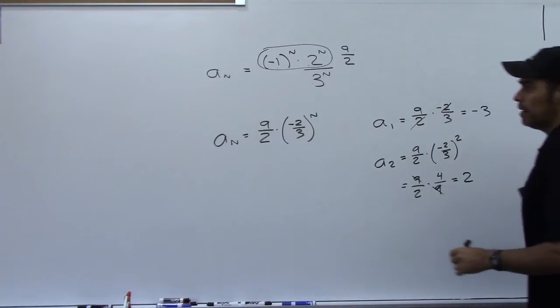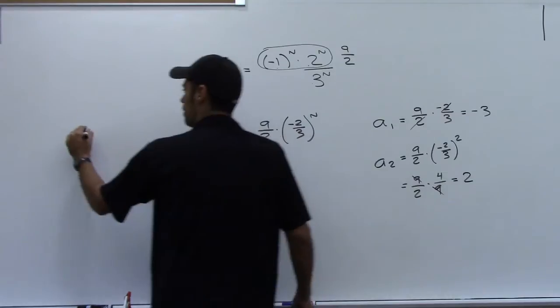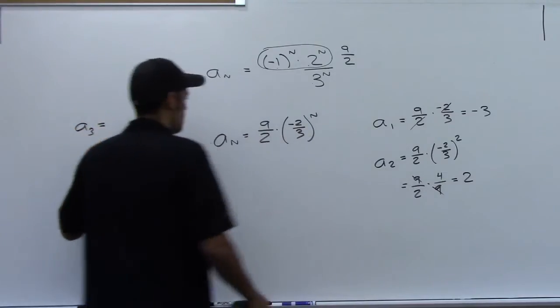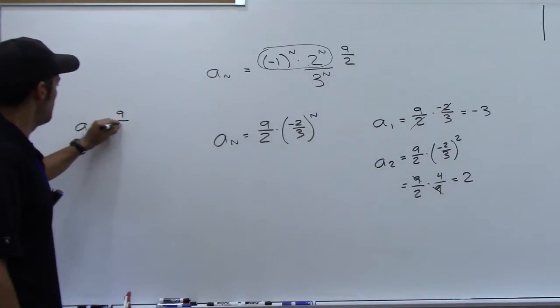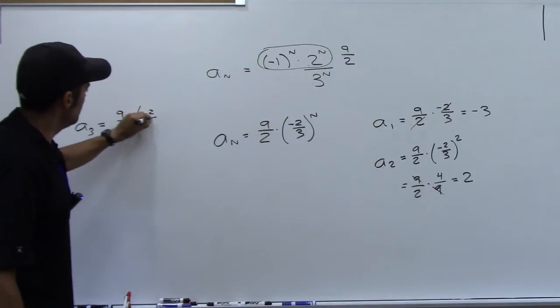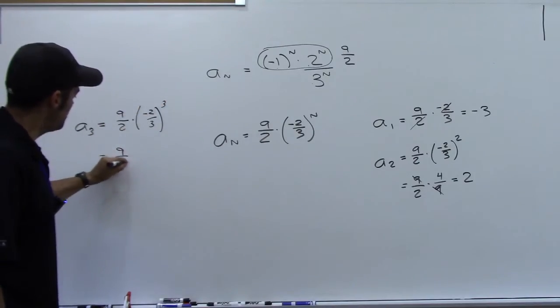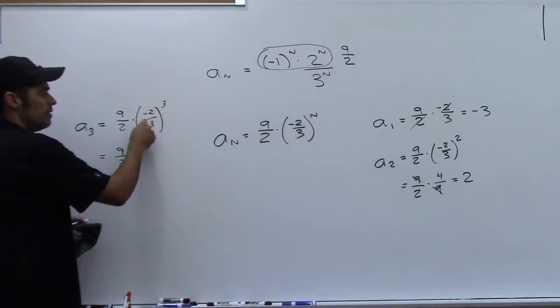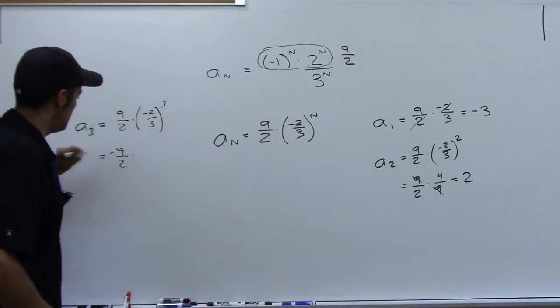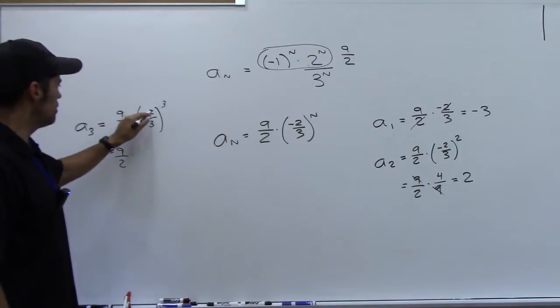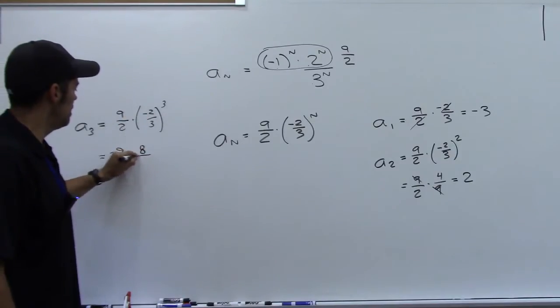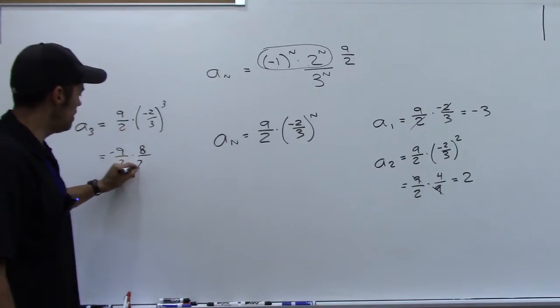And I can keep going. Let me do a sub 3. That would be 9 halves times -2/3 cubed, which is 9 halves times, now when you cube a negative number, it stays negative, so I'm just going to throw the negative out here. 2 times 2 times 2 is 8. 3 times 3 times 3 is 27.